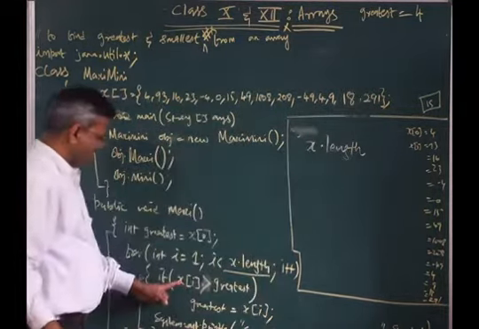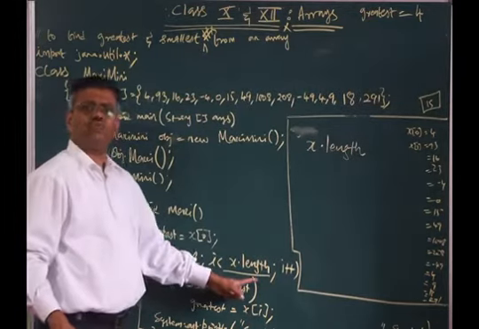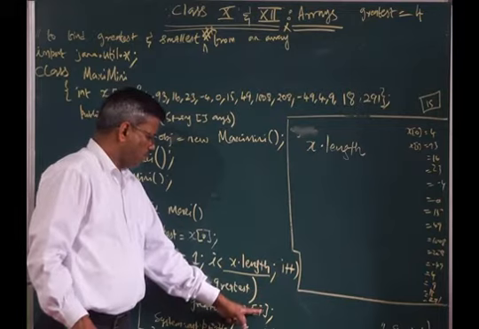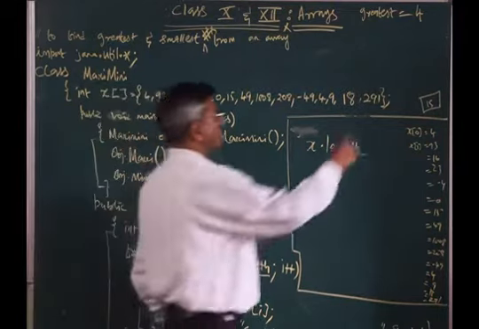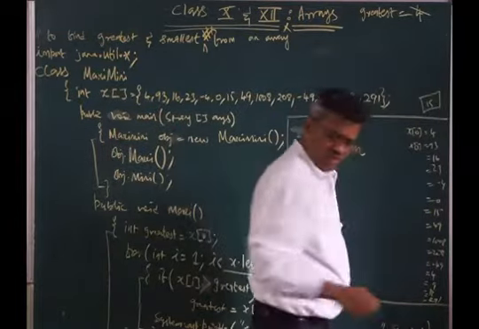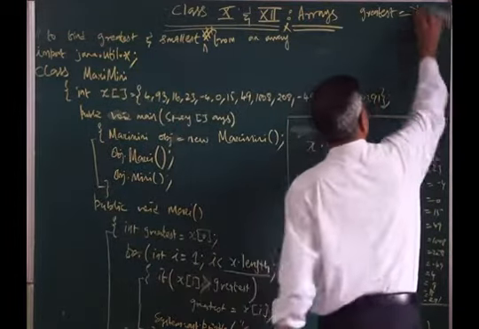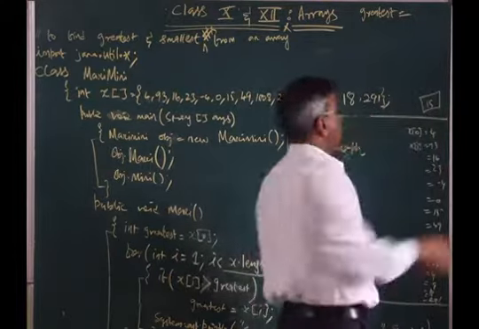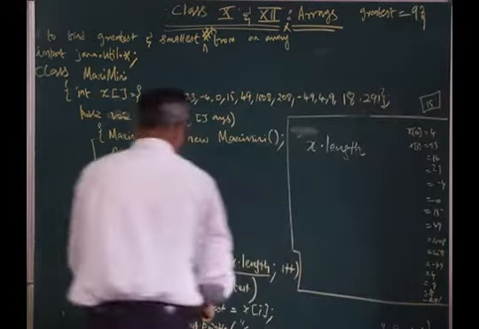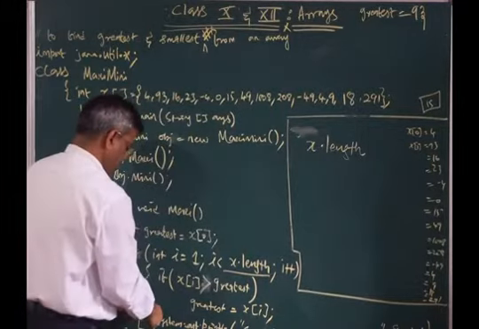Is 93 greater than 4? Yes. So x of 1 will be stored in greatest. What is x of 1? 93 will be stored. 4 will go away. Greatest value, no more 4, it will be 93. Next i.